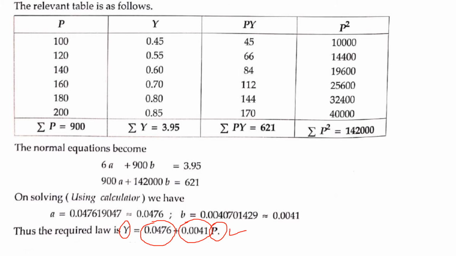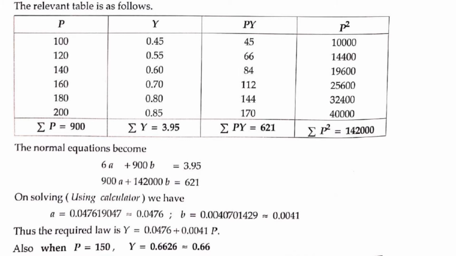So let us substitute the value of p as 150. When we take p is equal to 150 in this expression, we get the value of y as 0.66. So this is how we found the value of y when p is 150. This completes the problem.